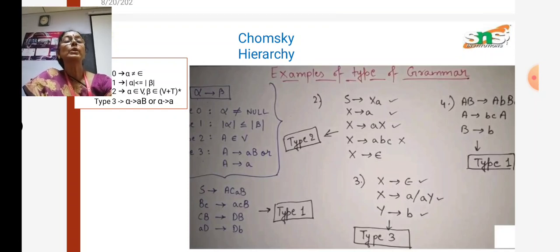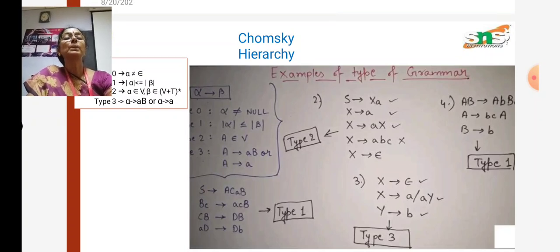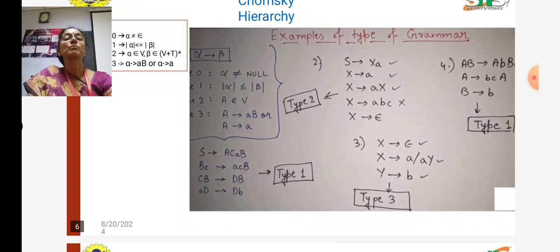The second production also has a single non-terminal, which is applicable to type 3 grammar. The third one has aX, the fourth one has abc, and the fifth one belongs to epsilon. So all the productions are applicable to the type 3 grammar rule. This second example is the type 3 grammar.